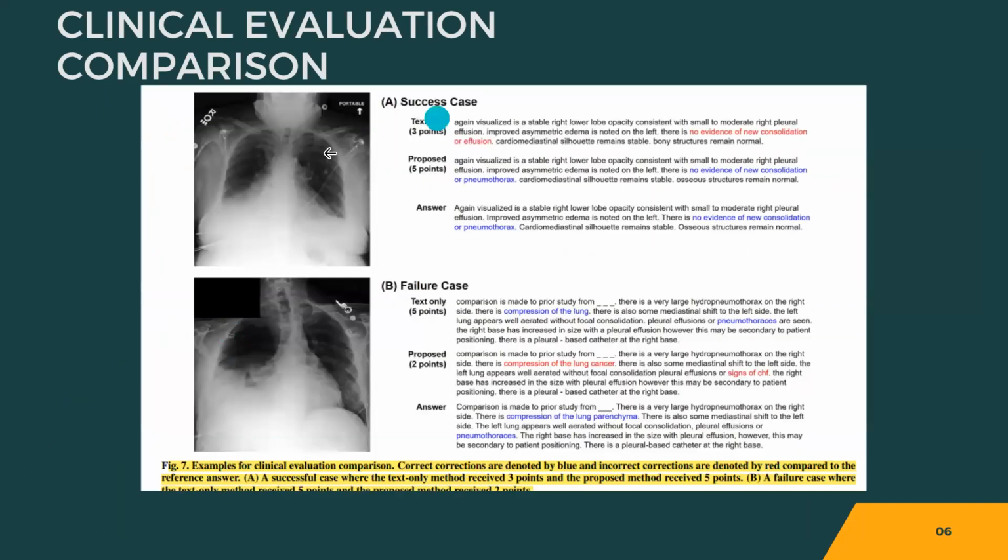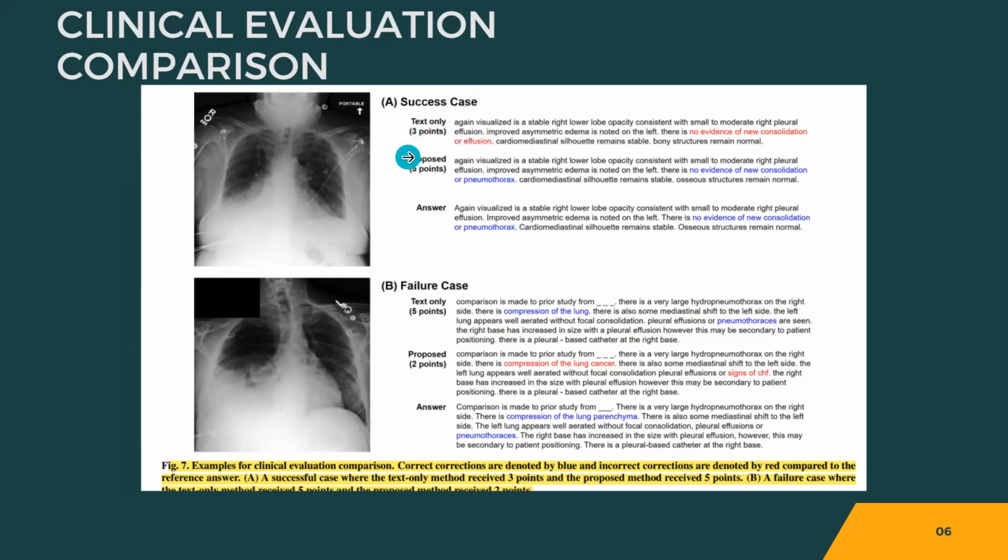So let's go and check it out. There are some cases where the proposed failed and text only was slightly better. So we have the text only. What we need is "no evidence of new consolidation or effusion or pneumothorax." As you can see, it couldn't catch the word pneumothorax. That's why there was an error in one of the translations.